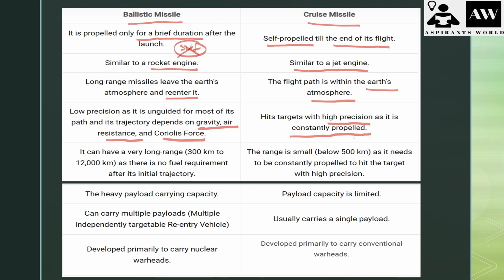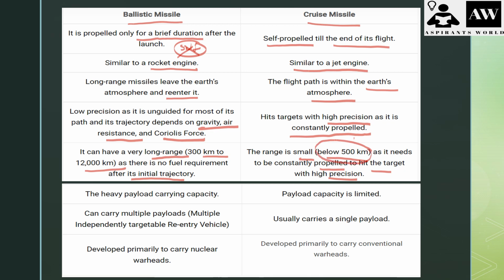And a ballistic missile can have a very long range, between 300 kilometers and 12,000 kilometers, as there is no fuel requirement after its initial trajectory. But if we see cruise missiles, the range is very small. It is below 500 kilometers, because it needs to be constantly propelled to hit the target with high precision. That's why its range is very less, that is less than 500 kilometers.